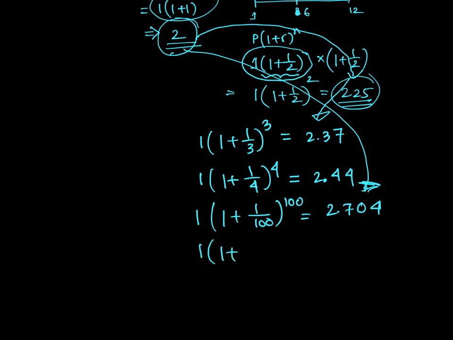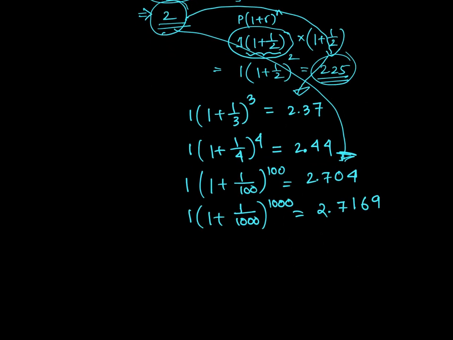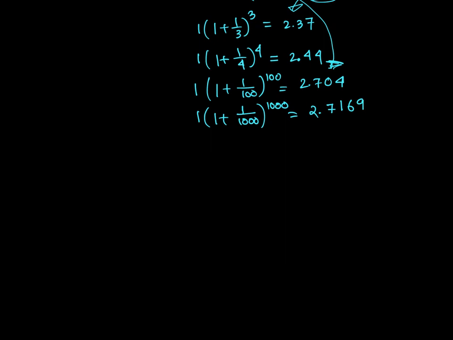So 1 plus 1 by 1,000 to the power 1,000, and we are getting the result as 2.7169. Let's do it more. Let's now do it 10,000 times. So it would be 1 into 1 plus 1 by 10,000 to the power 10,000, and it comes to around 2.718.